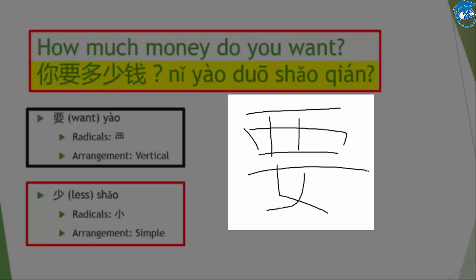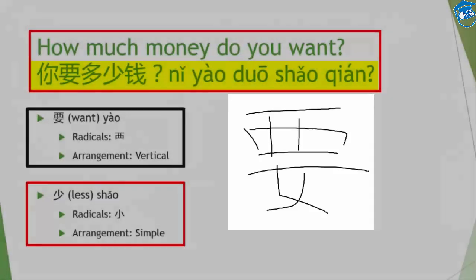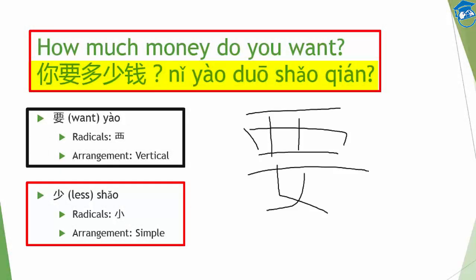Okay, it's a bit ugly, but I just want you to see the order of strokes here. So you make it more orderly, much more arranged on your own when you're writing on a paper.